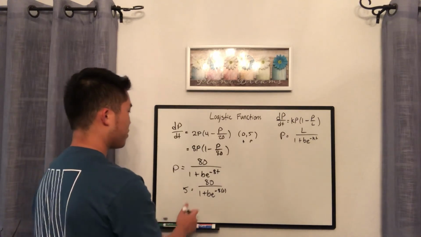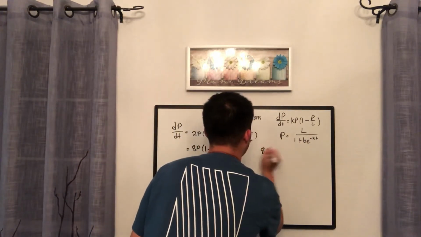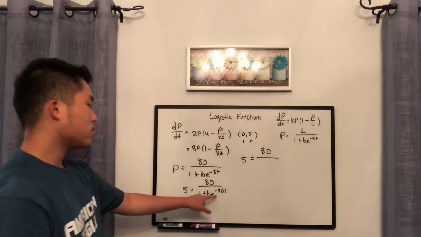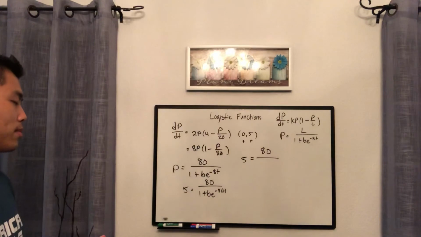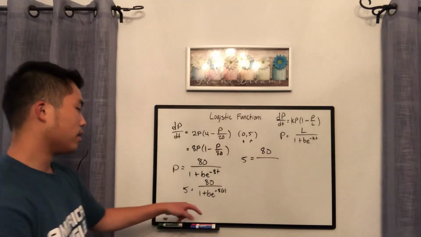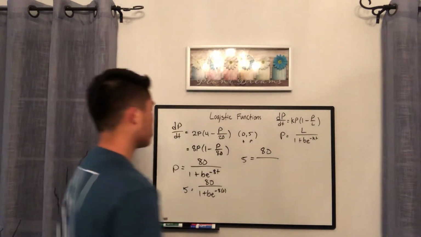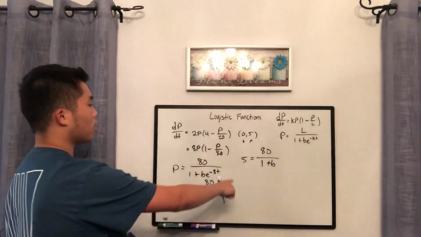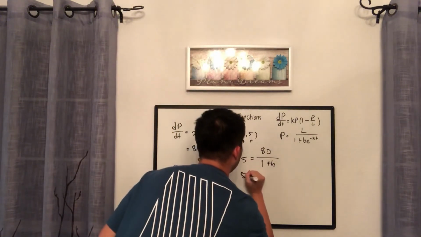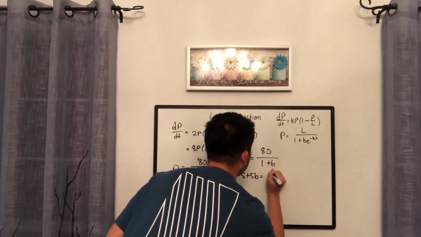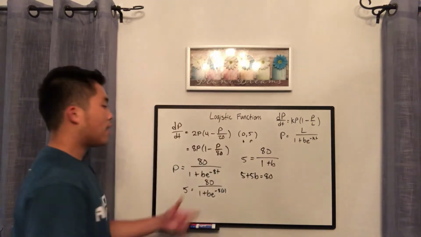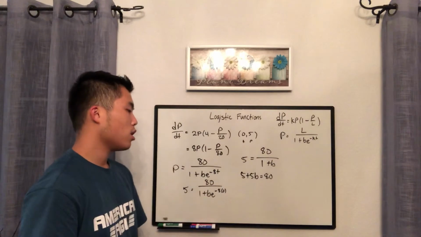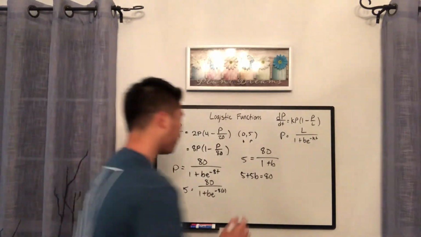Simplifying this, we get 5 equals 80 over, and you see here that e to the negative 8 times 0, 8 times 0 is 0, e to the power of 0 is just 1, so the bottom is just 1 plus B. Now you can cross multiply, so 5 plus 5B equals 80. Subtract the 5 over, you get 5B equals 75, and divide that by 5, you get B equals 15.